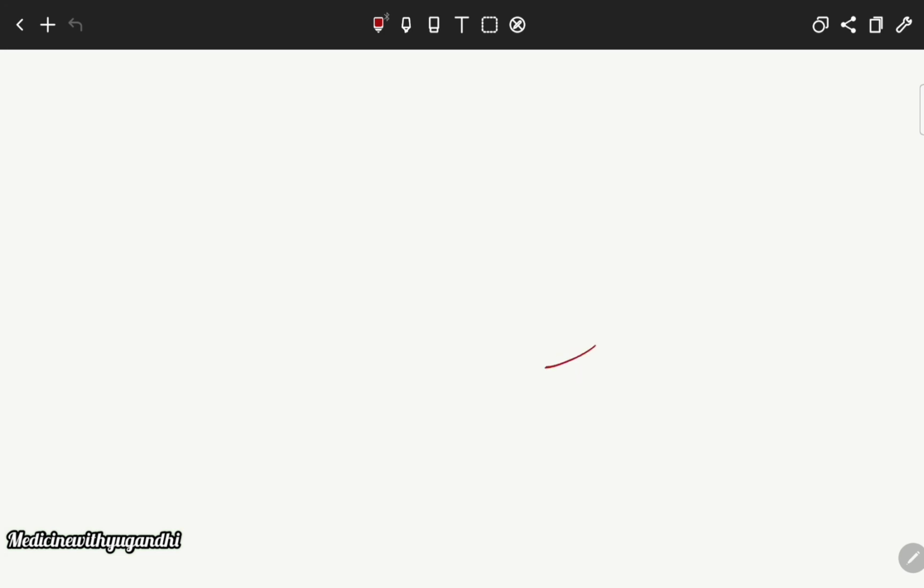So see, this is the trapezium, and then the trapezoid, and here you could see the capitate, and this is the hamate. I have drawn here only the distal row of the carpal bones.